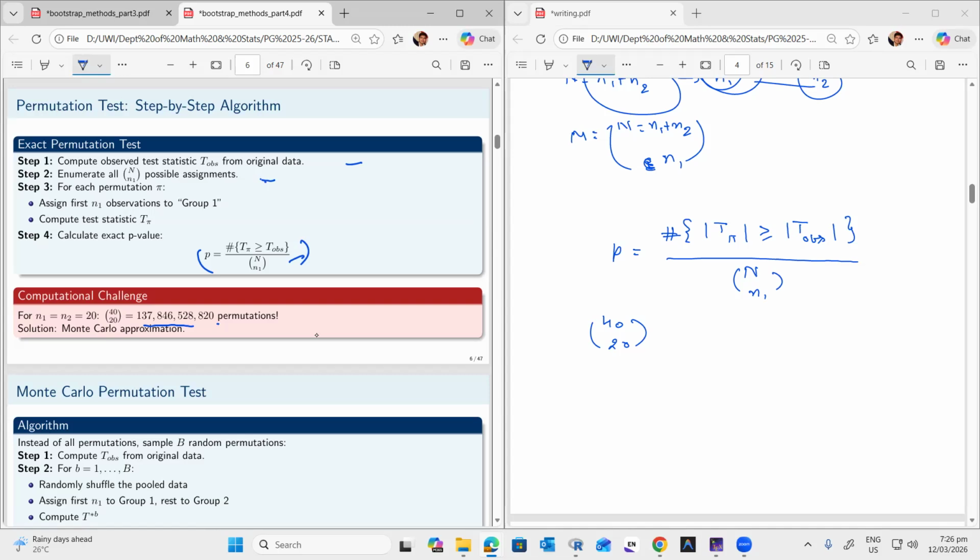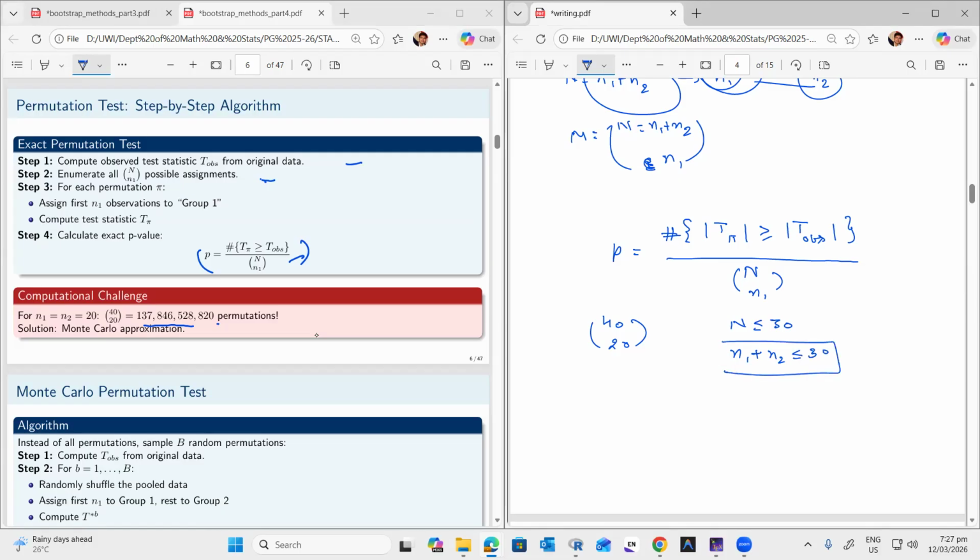So for larger samples, the number becomes even larger. Therefore, the exact permutation test is very difficult, and it is very good when the sample size is small. Roughly, we say n should be less than or equal to 30. Means if n1 plus n2 is less than or equal to 30, it is useful. If it is more than 30, we should avoid it.